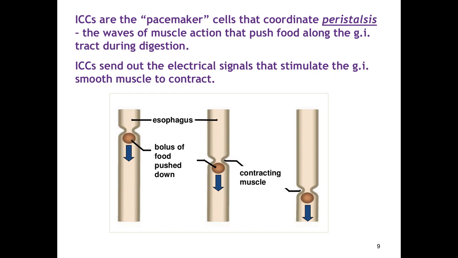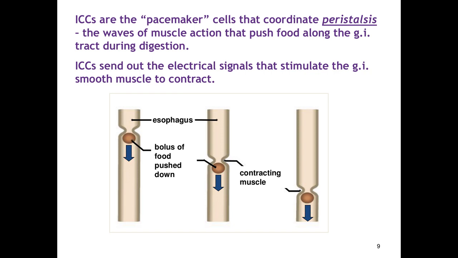These are waves of contraction that push food along the GI tract. And to have these coordinated waves of muscle action, there has to be a pacemaker. There has to be a neural type cell that sends out the regular pulsed signals telling the muscle to contract. And those cells that do that task are called the ICCs, the interstitial cells of Cajal.